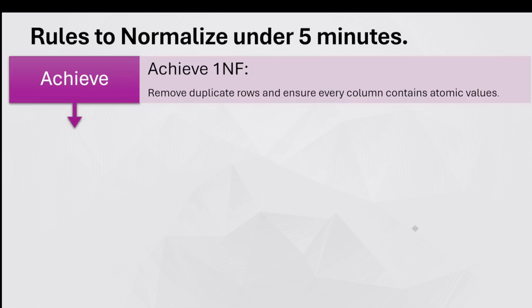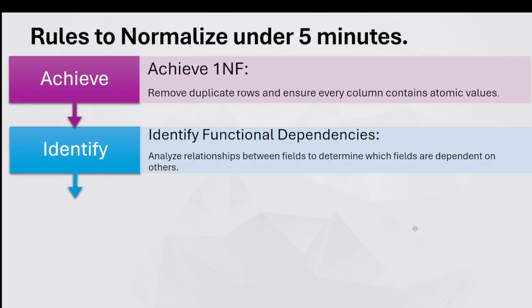Now, I mentioned earlier in my other videos that to normalize, we can actually do that in under 5 minutes. There are a few things that I want us to revise as far as this rule is concerned. The first one we need to do is to achieve 1NF. Then you identify functional dependency.